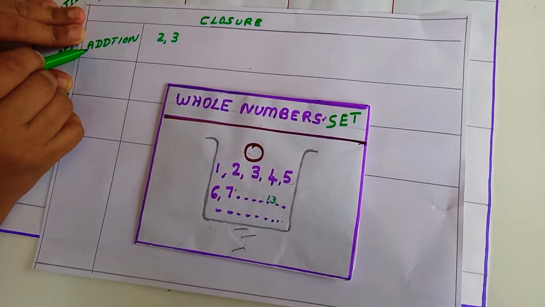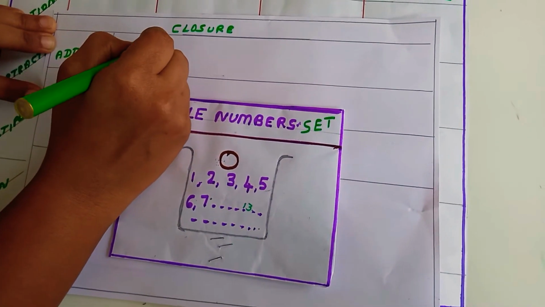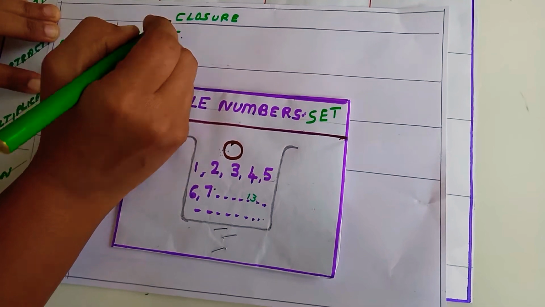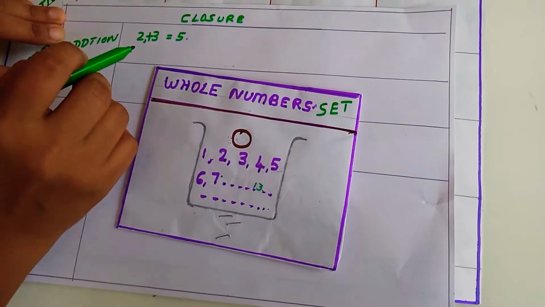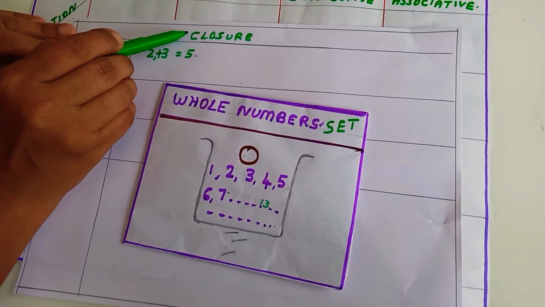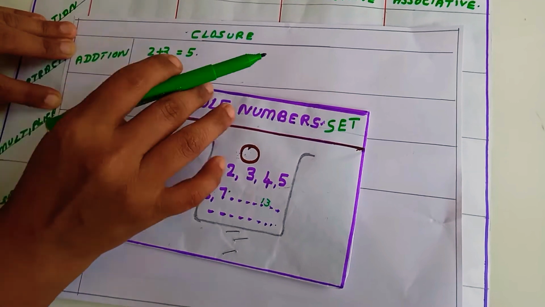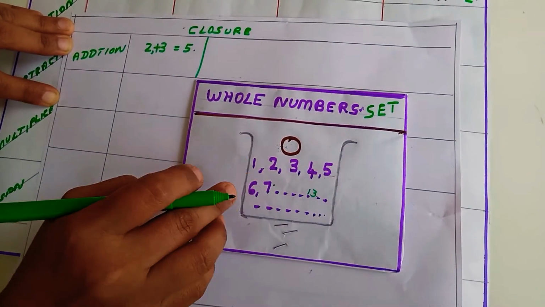I told you for addition, just add those numbers. So we got the answer 5. So 5 is also there in the same set. So we can say that these two numbers are satisfying which property? Closure property.